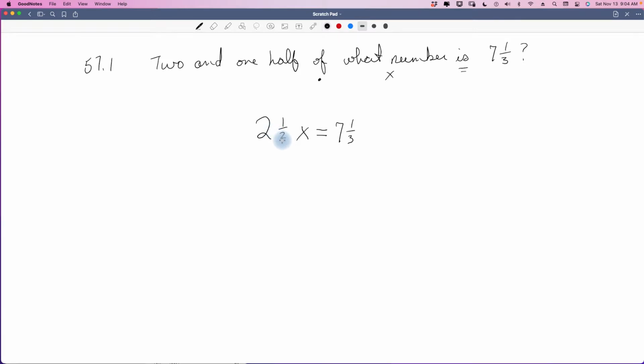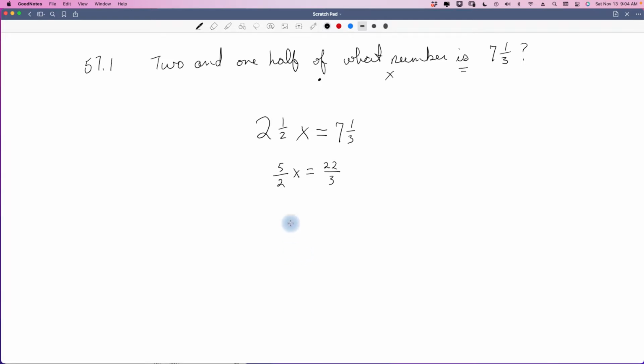So 2 times 2 is 4, plus 1 is 5, put it back over the denominator, over 2. Now we can rewrite this. Let's get rid of this one because this one stinks too. 7 times 3 is 21, plus 1 is 22. We put it back over the denominator.